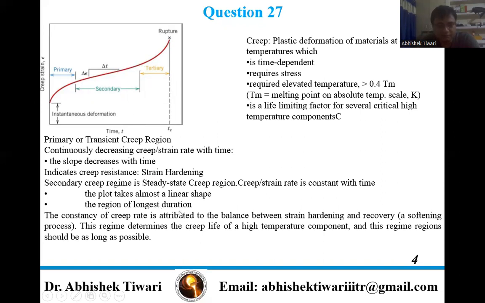And this is the region of longest duration. And the constancy of the creep rate is attributed to the balance between strain hardening and recovery. Recovery is a softening mechanism, and this regime determines the creep life of a high temperature component. And this region should be as long as possible.